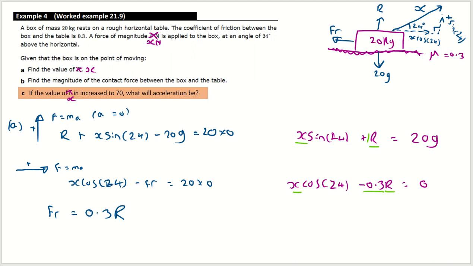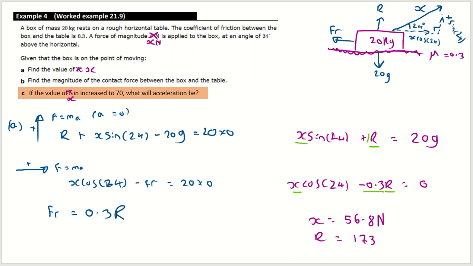I've got minus 0.3, and I've got 0 at the end. My answers come out in the order of the variables I put in, X first, then R. So the first one is 56.8. The next one is 170-something, which will round to 173, and that's R.